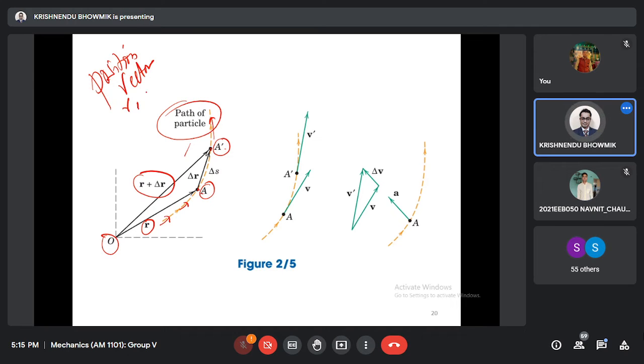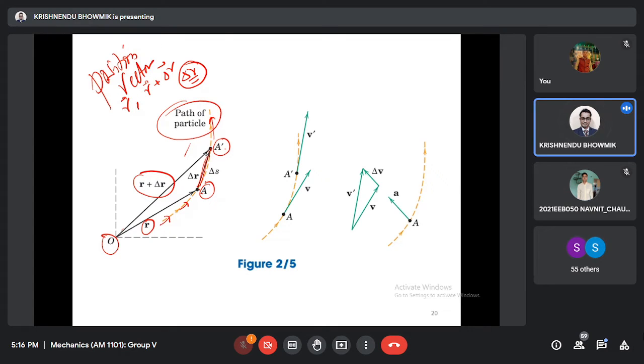If you form this closed triangle, then delta r is the change in position vector. So delta r is the vector, the straight line delta r from the triangle you have formed.